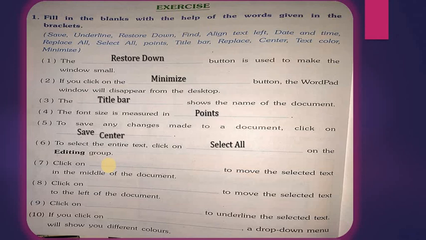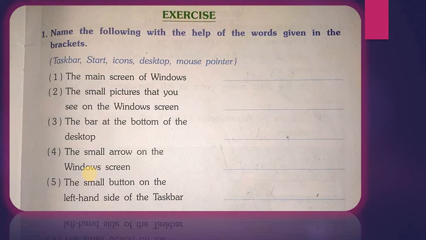Click on the center to move the text to the middle, and click on align text left to move the selected text to the left of the document, and click on the underline tool to make underline, and if you click on the selected drop down, you can see the text color.